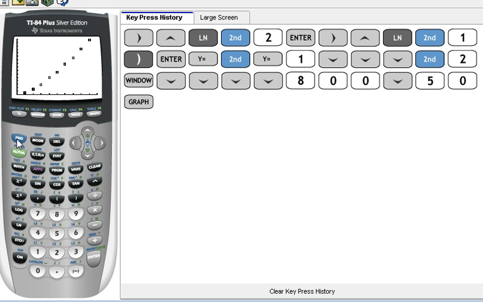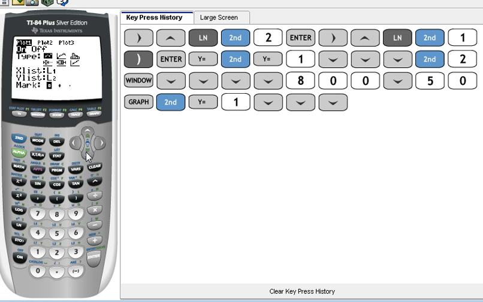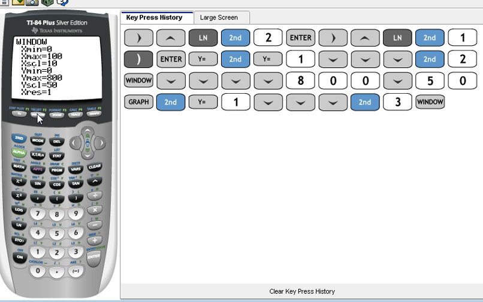So let's go back to second y equals and create our second scatter plot by again pressing 1 for plot 1. But this time we're going to plot L1 versus L3, and so I'll go second 3 beside the y list. We'll go into the window now, and we've just adjusted the y values that are going to be in the scatter plot.